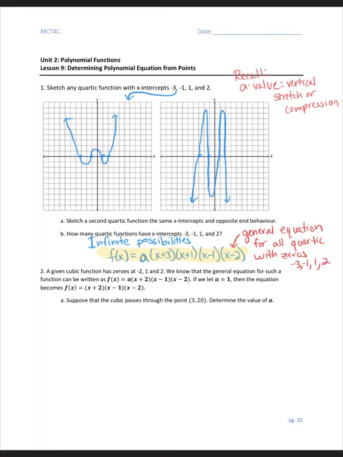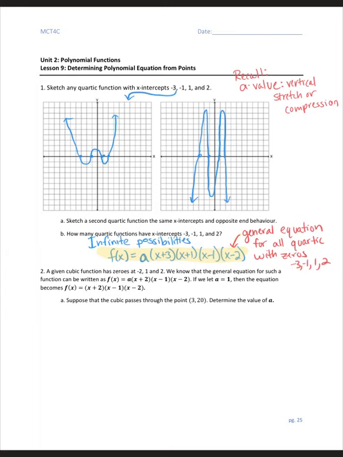All right, so if we're trying to identify which graph actually matches up with a function, we're going to need to figure out what that a value looks like. So let's look at an example of that. A given cubic function has zeros at -2, 1, and 2. We know that the general equation for such a function can be written as f of x equals a times x plus 2, x minus 1, x minus 2.